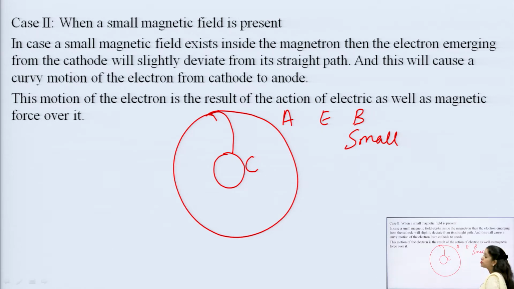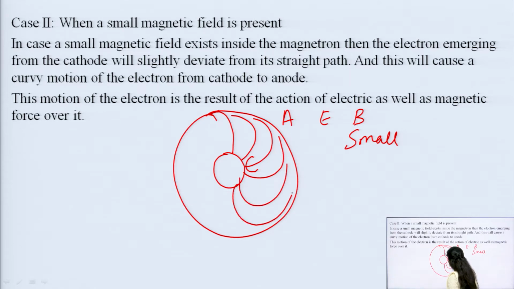Since the magnetic field strength is small, we experience only a little deviation, and if we keep on increasing the magnetic field intensity, the deviation keeps on increasing.